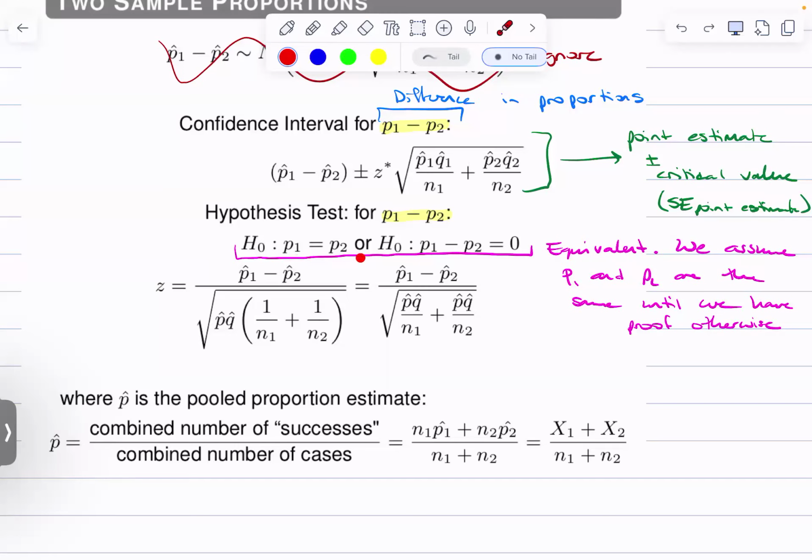And so I want to see question-specific subscripts here, right? Males and females, PM, PF, for example. Dogs and cats, PD, PC, right? Something like that. And just for the null hypothesis. Okay?